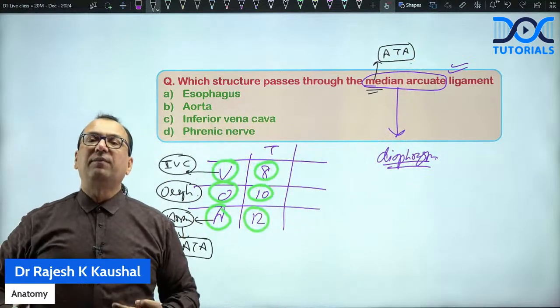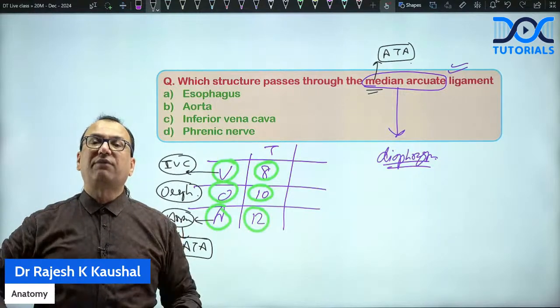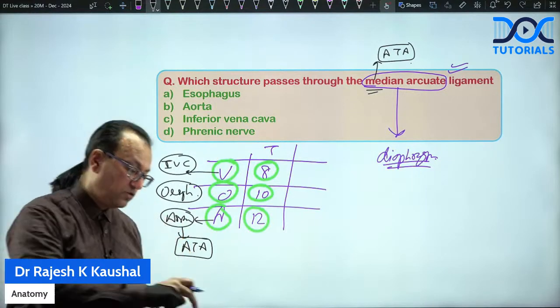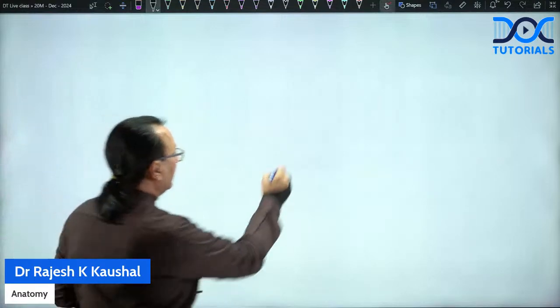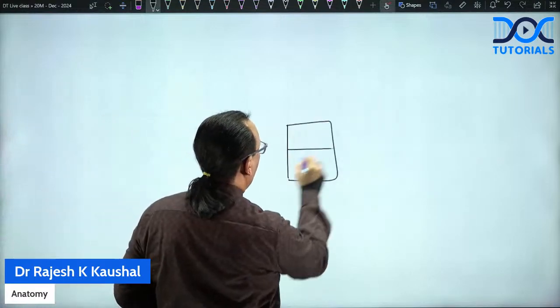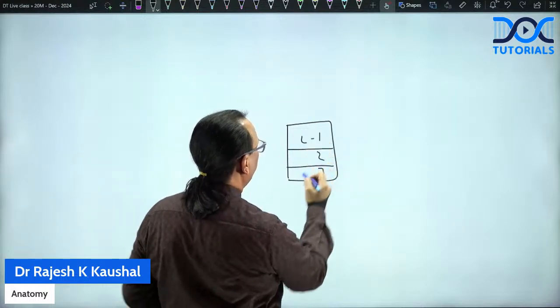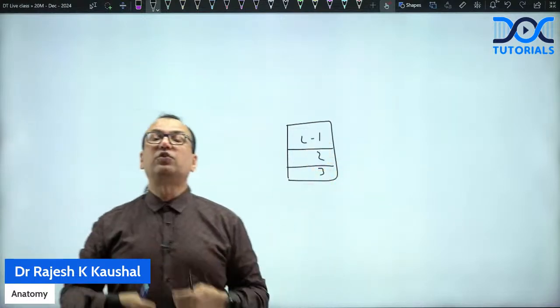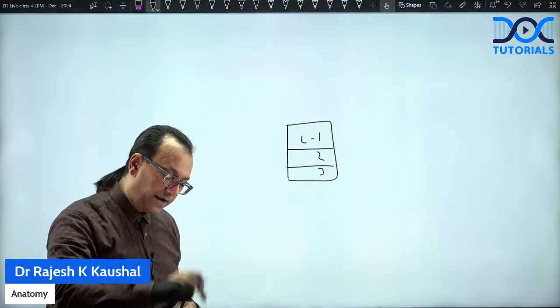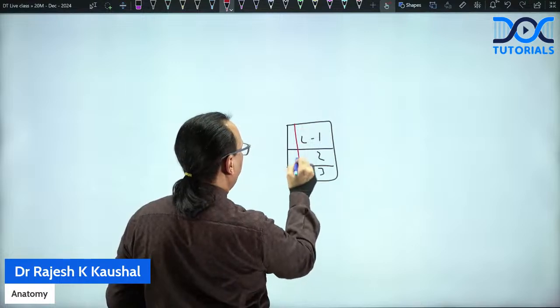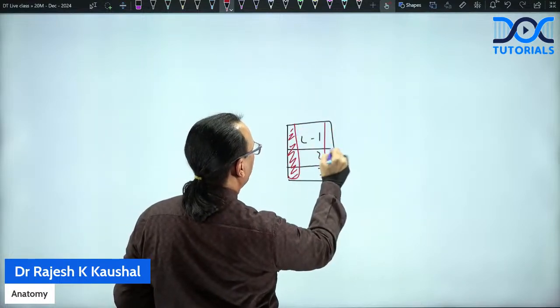Look at the diaphragm from inferior view. When you are looking at the diaphragm from inferior view, you'll find that this is the L1, 2, 3 vertebra in the abdomen. Attaching to the L1, 2, 3 vertebra in the abdomen, you'll find that there is a right crus of the diaphragm and a left crus of the diaphragm.